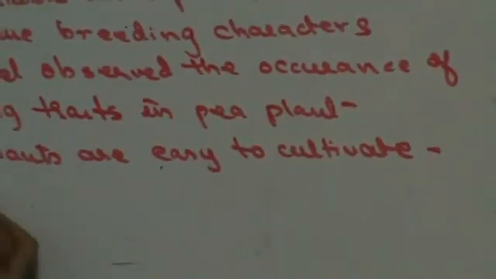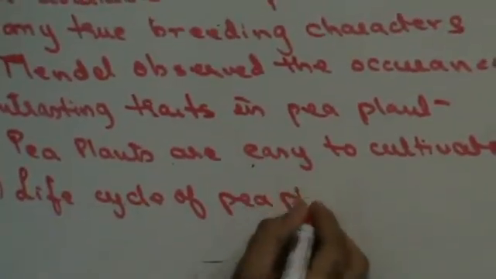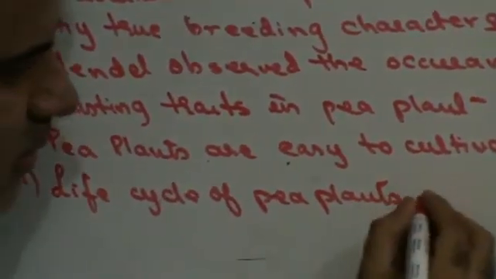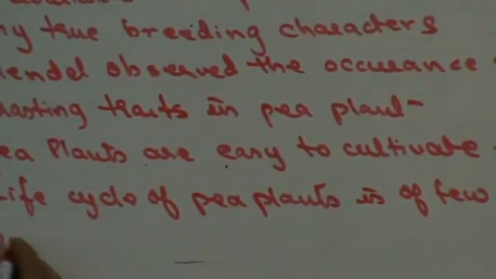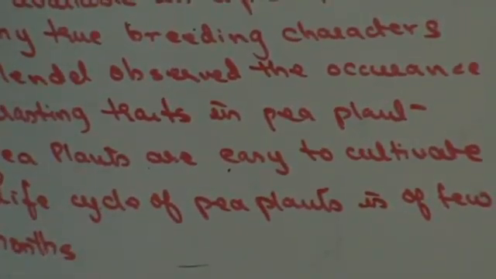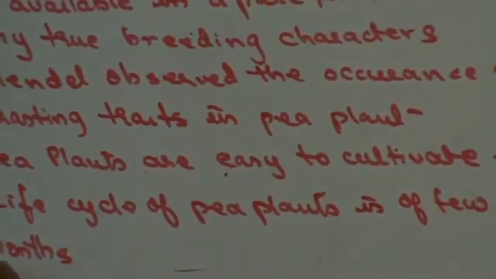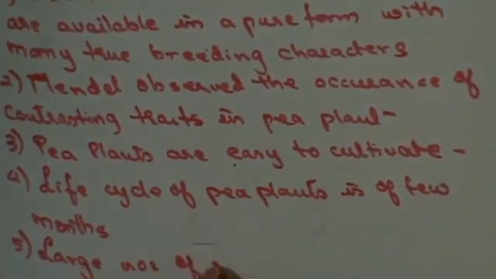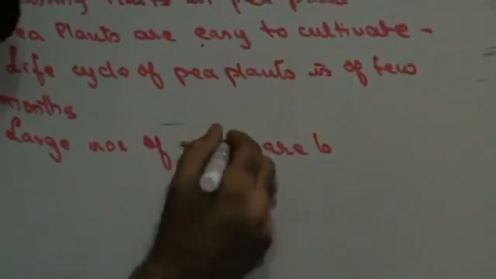So life cycle of pea plants is of few months. Right? Next, large number of seeds are borne by the plant.